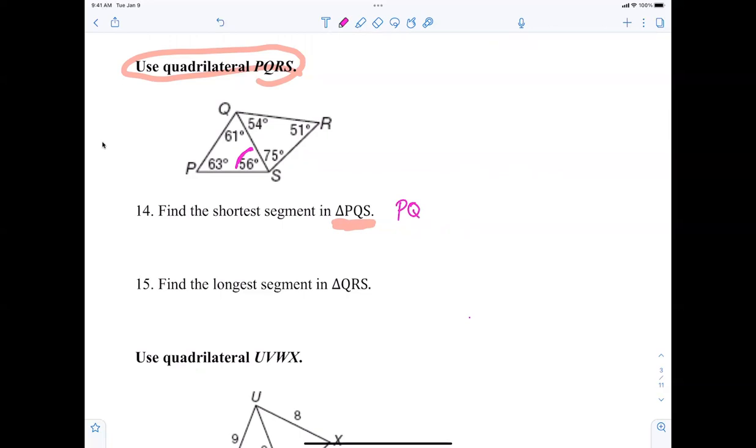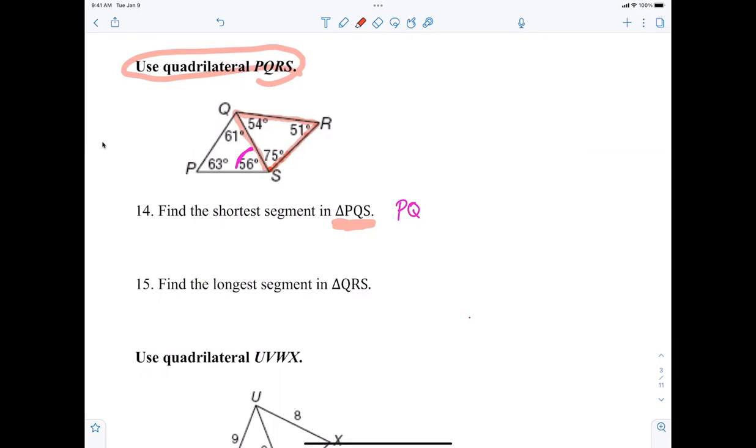Can you guys tell me? It seemed like QS. Why do you think QS? It's opposite 51. Okay, so look, once again, guys, you're looking at two separate triangles. Do we agree?